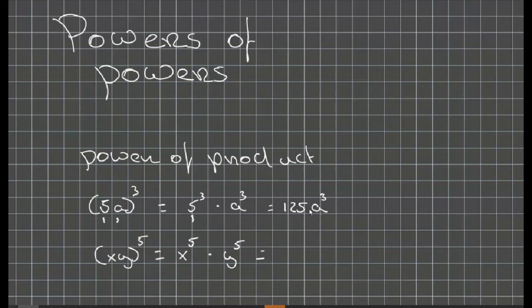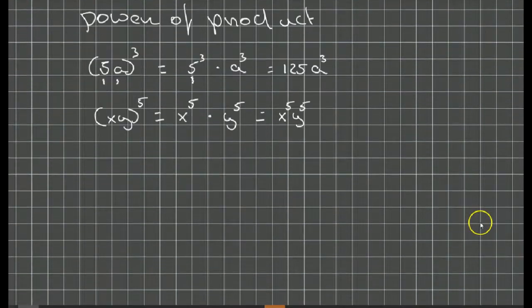If I have the same base. Well, the base here in this case is x, and the base here is y. So those are not the same base, so I can't actually add the two exponents. However, because I am working with letters, I can write it down without multiplication signs. So I write down this.